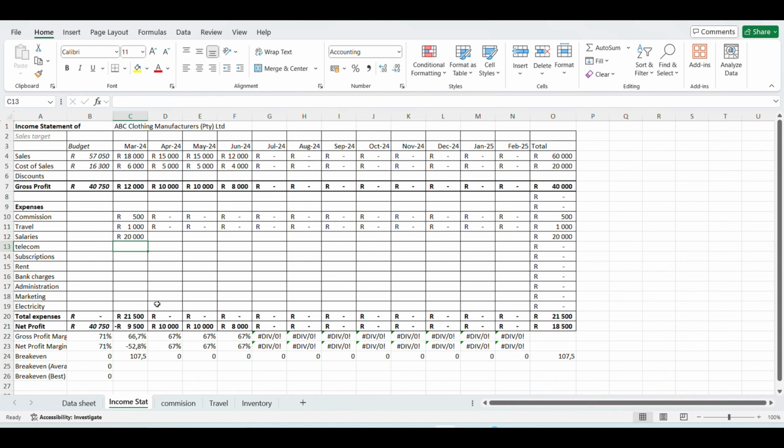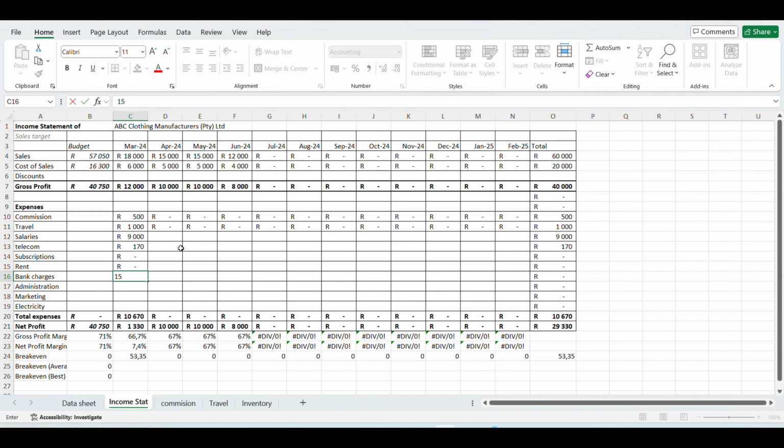Now you can immediately see your net profit is negative. So maybe you're employing one other person with yourself and your salary is a bit lower, maybe let's make it 9,000 Rand. Right? Telecoms, that would be your cell phone, your data, Wi-Fi, subscriptions if you have any subscriptions, rent, let's say this business works from home so they don't pay rent.